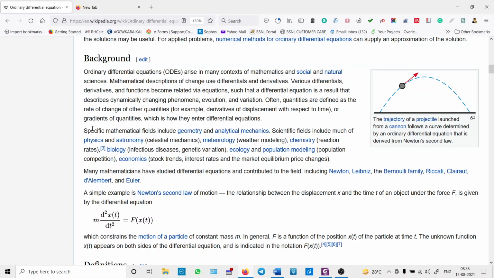Many complex problems end up with differential equations, ordinary differential equations or partial differential equations, and we need to find the solution of that differential equation. So we must learn the various methods of how to solve a differential equation, whether it is ordinary or partial.